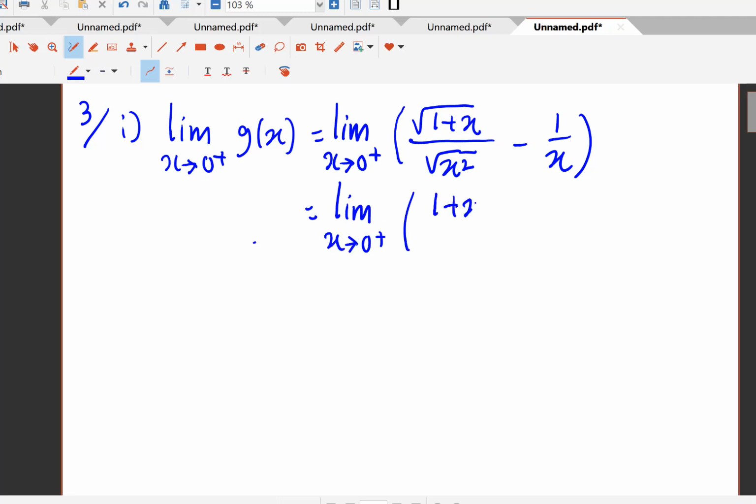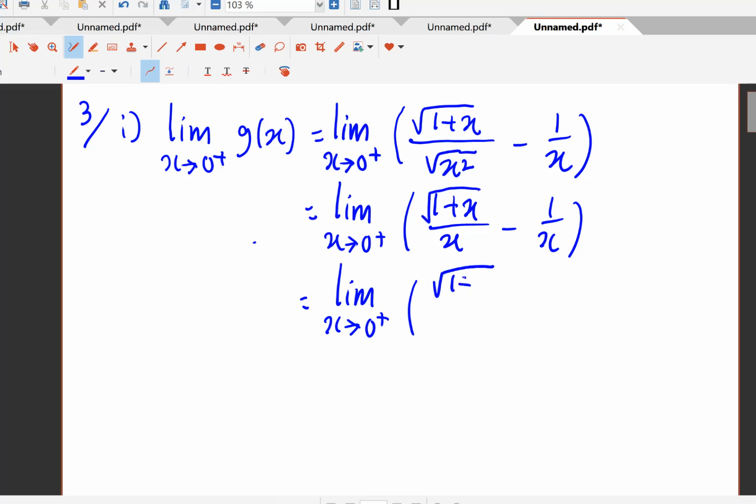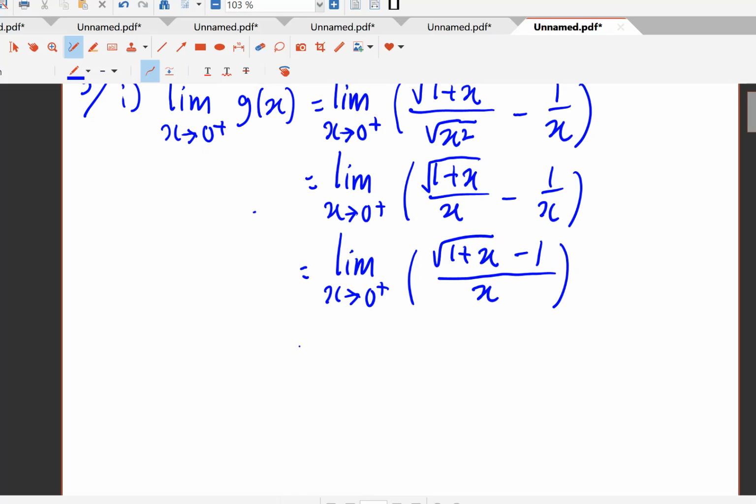1 plus x over x. It is square root. Can I say that? And then when you reach this stage, you want to do it by the conjugate method.